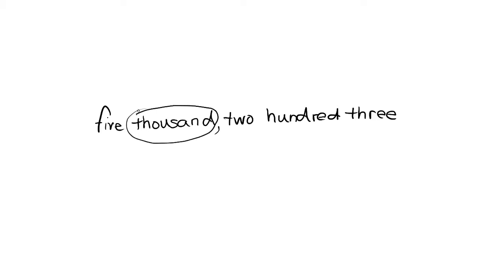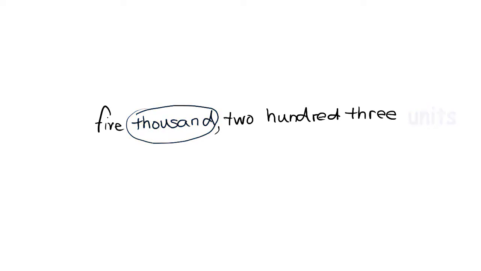Given a whole number in its number name form, such as 5,203, students should be able to recognize this as a family or period name. So let's circle this. If we have thousands, we know that we will have the units family, although it is not written nor named aloud. So in this number, there will be only thousands and units.